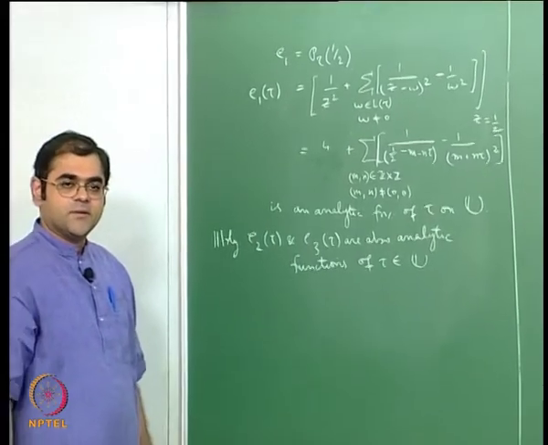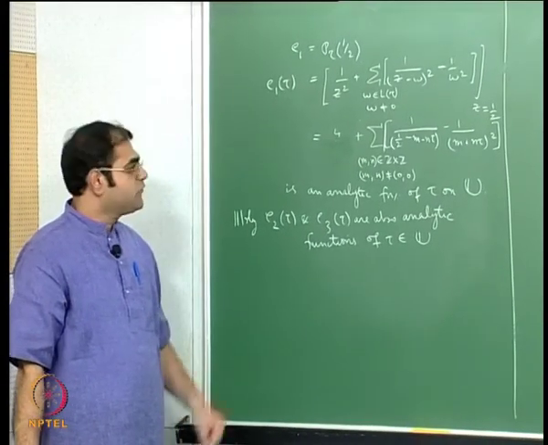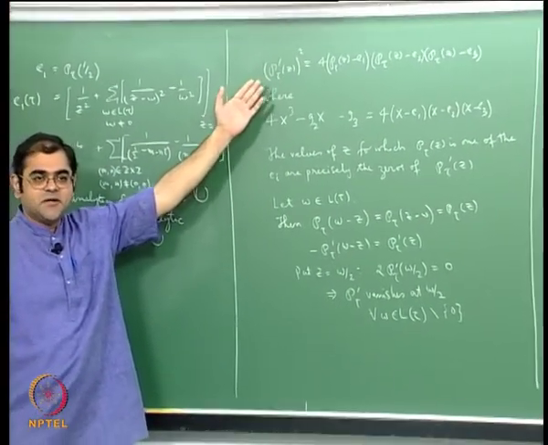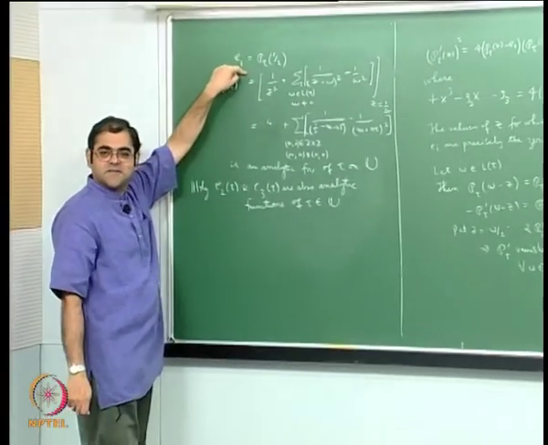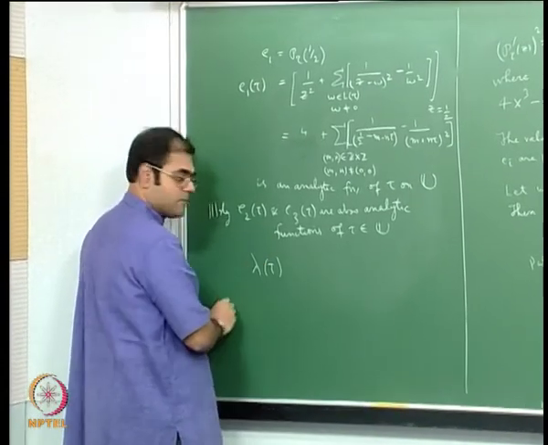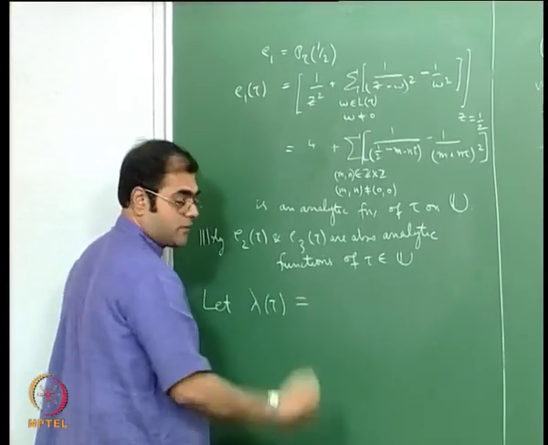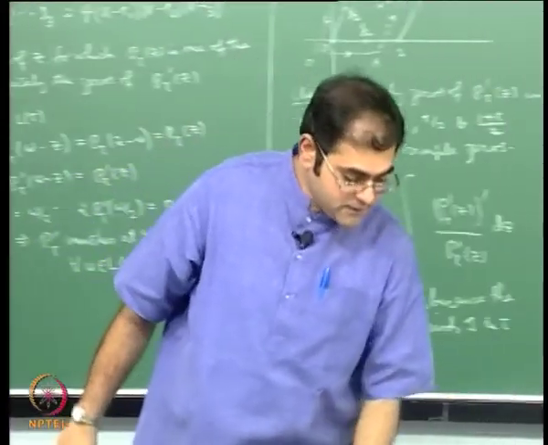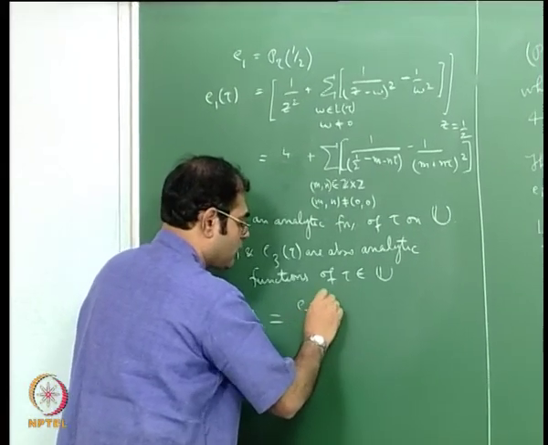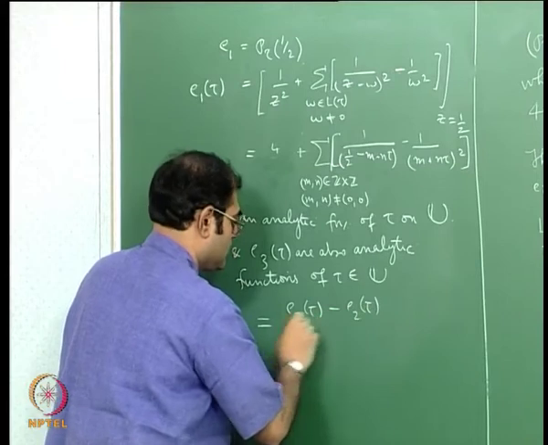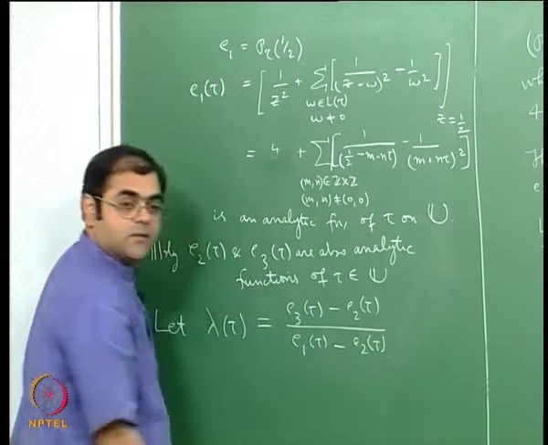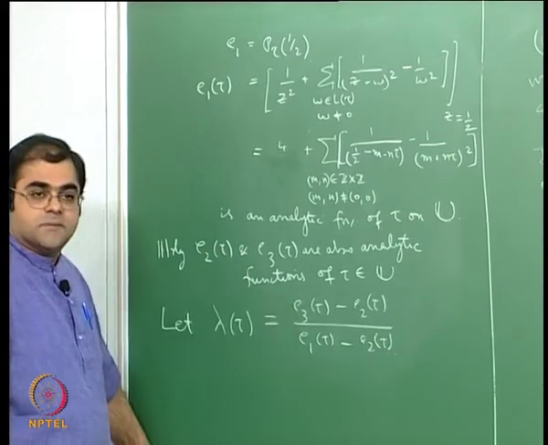So by looking at the zeros of the derivative of the Weierstrass Phe-function, you have produced 3 analytic functions on the upper half plane, and now the trick is you define lambda of tau to be E3 of tau minus E2 of tau by E1 of tau minus E2 of tau. You take this ratio.